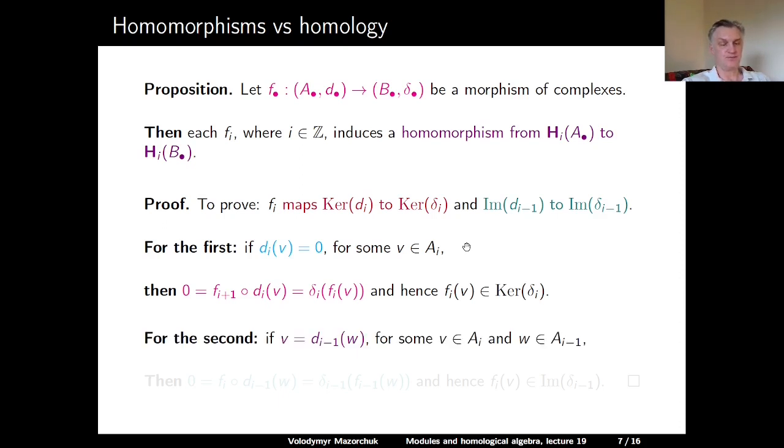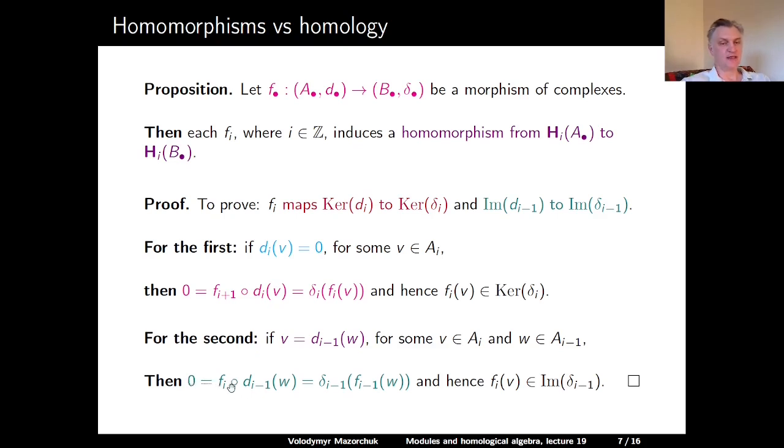For the second claim, let V be an element in AI, which has the form di minus 1 applied to W for some element W in AI minus 1. Then, here is a typo, there should be no 0 is equal.